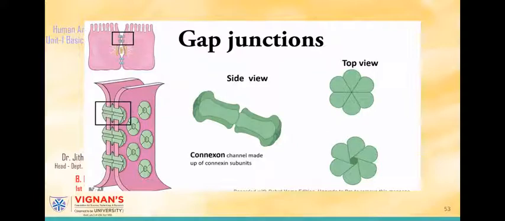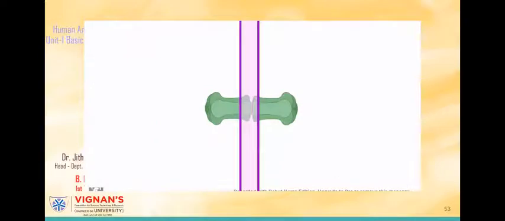Now these connexons are channels made up of connexins. So six connexins make a connexon channel, and from the top view you can understand this connexon channel can open or close. While open, this connexon channel can allow the passage of several molecules and water from one cell to another cell, so they are important in terms of communication.